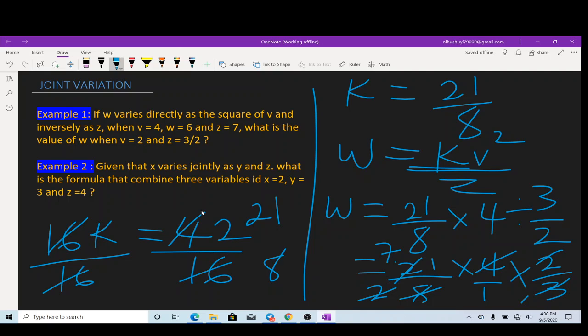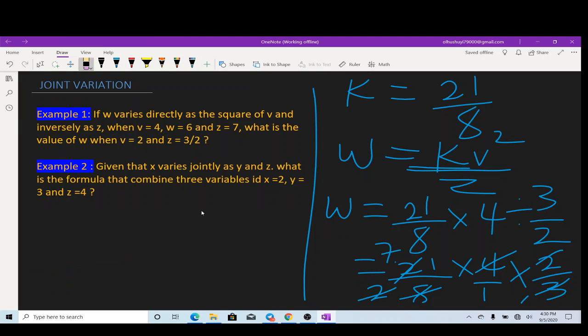Nothing is left, so automatically our W will be equal to 7. You get that? It's as simple and direct as that.